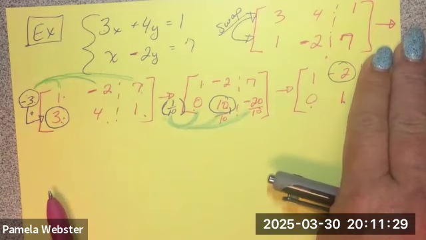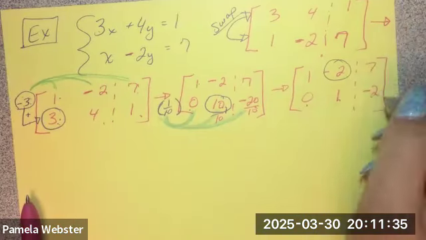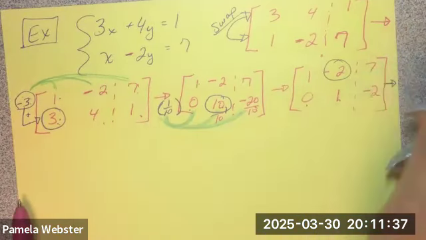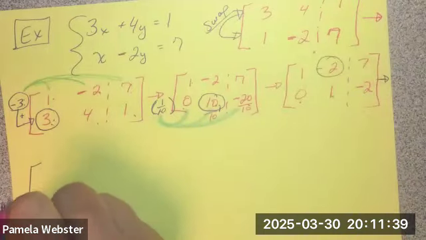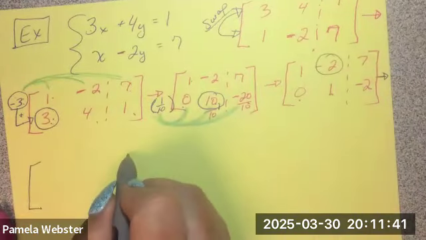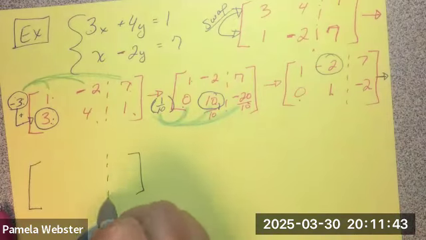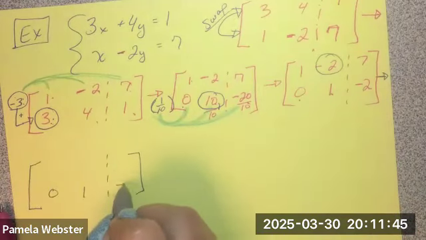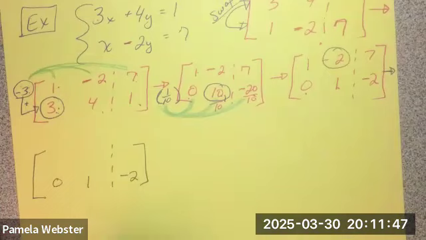So I'm not adding anything to the bottom row. I'm going to leave that bottom row the same. In fact, I'm going to make my new little brackets here, and I'm going to say this bottom row is staying 0, 1, -2. Because I don't want to mess him up. I want him to stay the same because those are the numbers I want there, right?